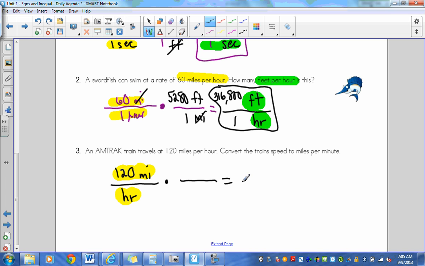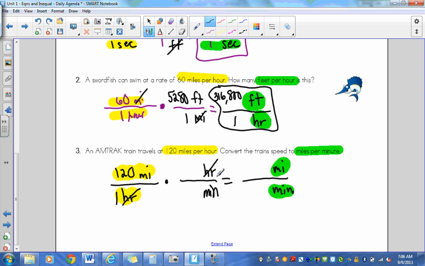So in this case, the numerator stays the same. The miles isn't going to change, and the denominator is the minutes. So you're going to keep the miles the same and get rid of the hours, so those are going to cancel so that you can end up with minutes on the bottom.